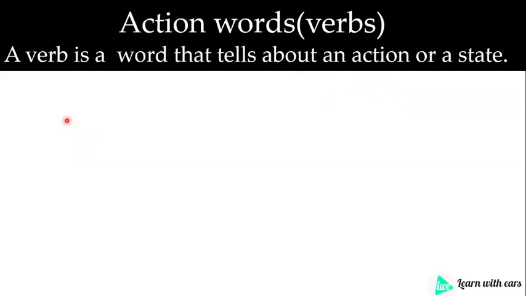Now next is action words or verbs. You might be thinking, what is a verb? What does it mean? A verb is a word that tells about an action or a state. For example, play. There are a lot of action verbs.